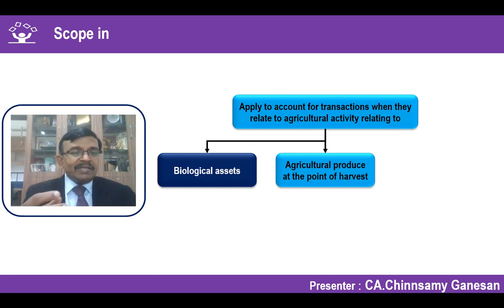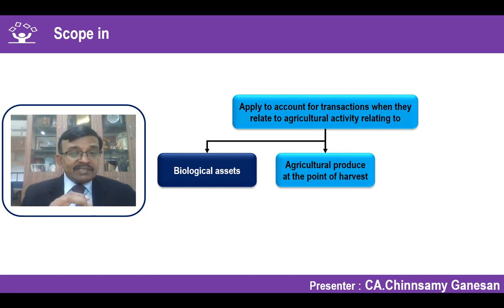Let's see with some examples what a consumable biological asset is. Suppose I grow a particular plant or grow a particular animal and I'm consuming it when it is matured and it is no more available, it has a fixed economic useful life and it is consumed at the end of the maturity. So that is called a consumable biological asset.